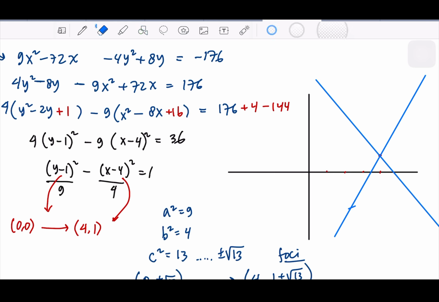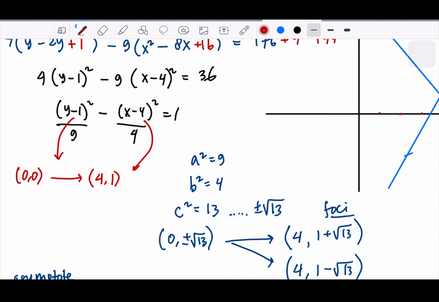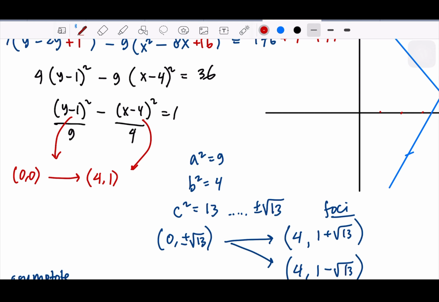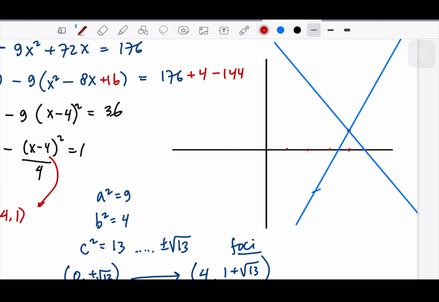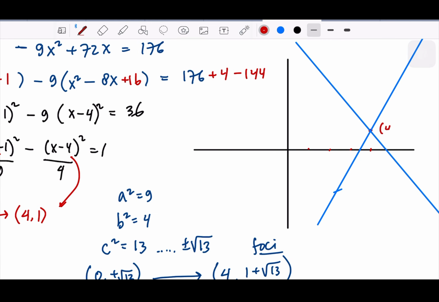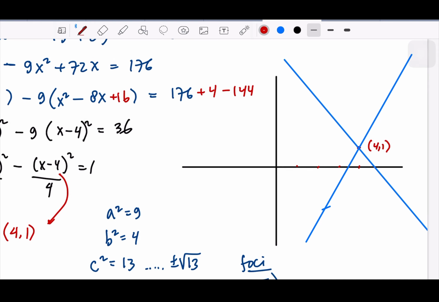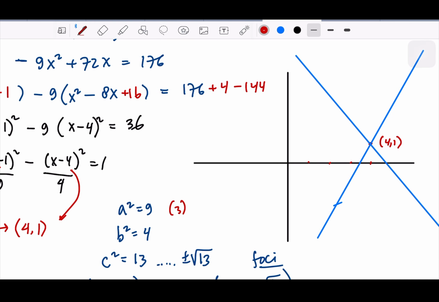and then around the vertices, which should be on a, so this should be 4. This is 4, 1. So it should be 3, right? Should be plus minus 3, and the other one is plus minus 2.